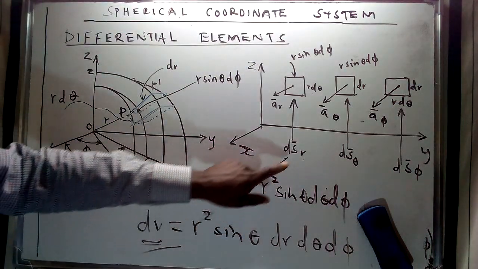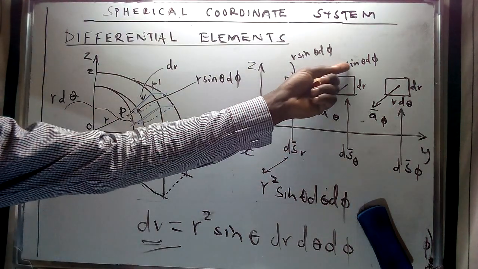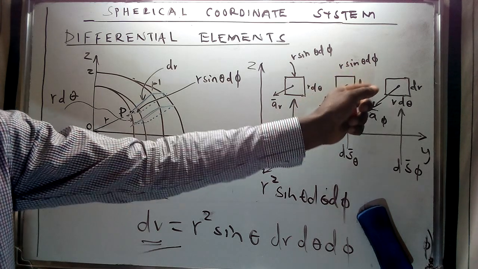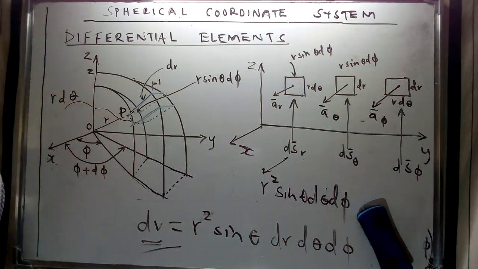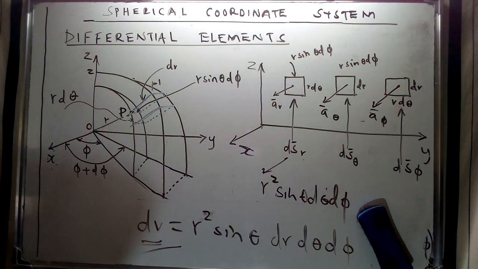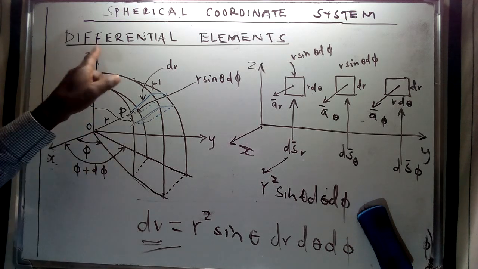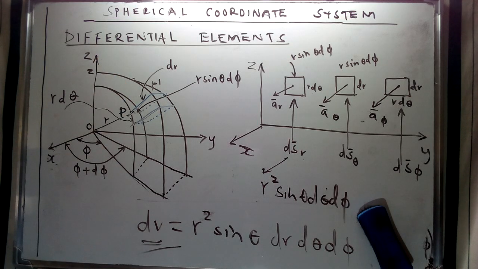So this is going to describe the surface element ds, and then the second one is the product of those two specific lengths, and then for the last one it's going to form that one. So this is going to give us a clue on how we can define a differential element in a spherical coordinate system.